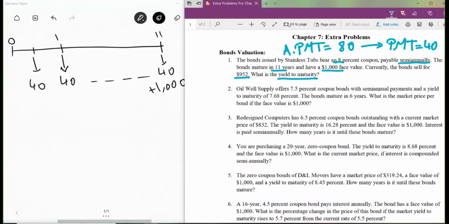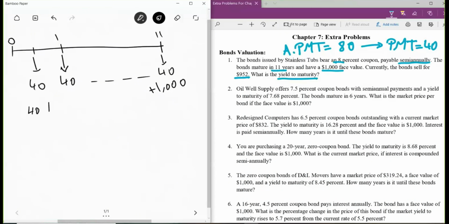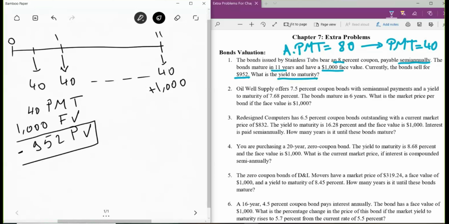So now, using my financial calculator, I have the following. 40 is the payment. 1,000, this is FV. 952, this is PV. And remember here that the present value will have a negative sign because the first two cash flows are cash flows from the issuer, from the corporation to the bondholder, while the present value is the price paid by the bondholder to the issuer or to the corporation.